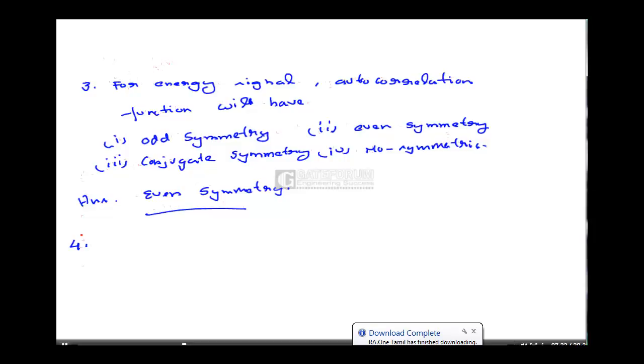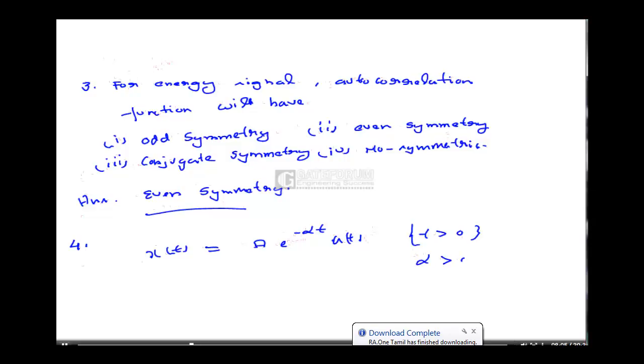In the next question, input is given and impulse response of a system is given. We need to find the filter output. Xt is given as a e to the power minus alpha t ut. That means this is only for t greater than 0.